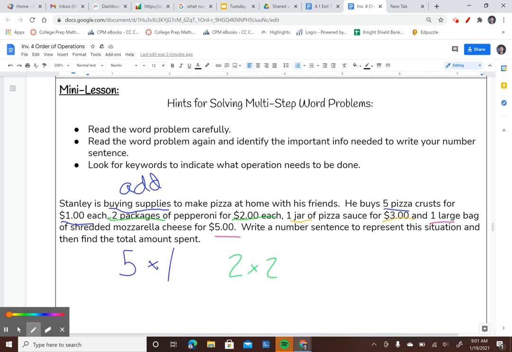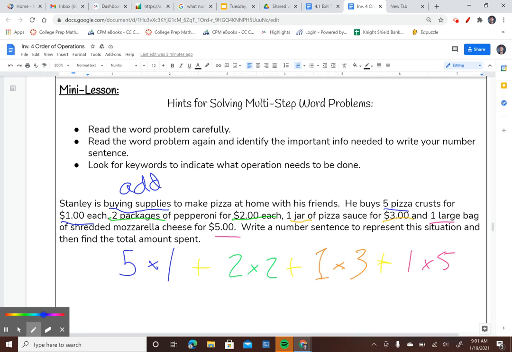Then we're going to look at a jar of pizza sauce, which is 1 for $3. And then finally, 1 large bag of shredded mozzarella. That's 1 for $5. And then here we're going to put an addition sign between all of these multiplication parts.